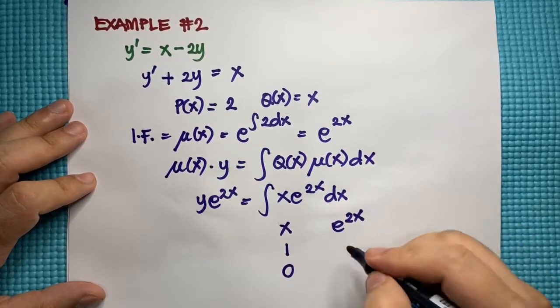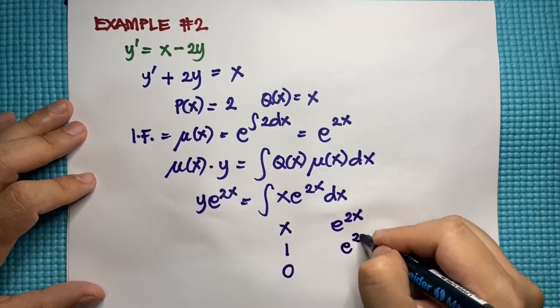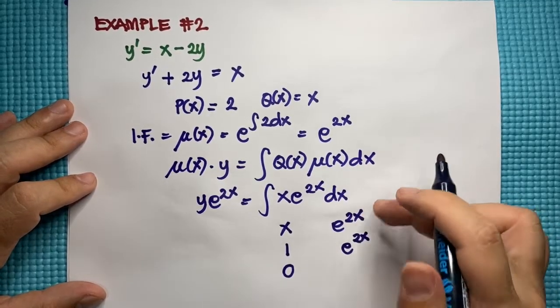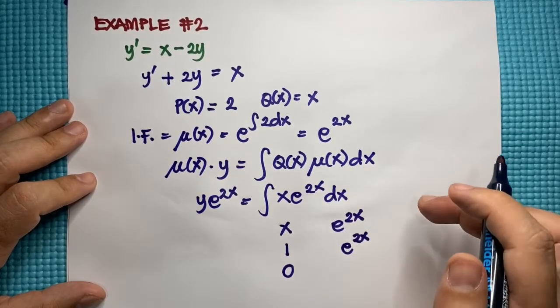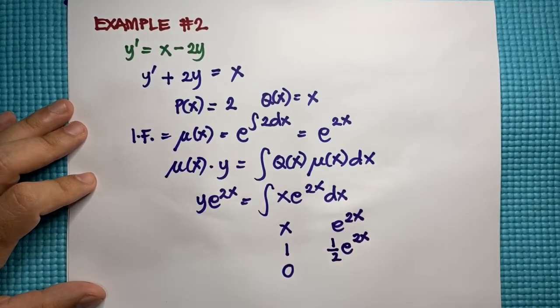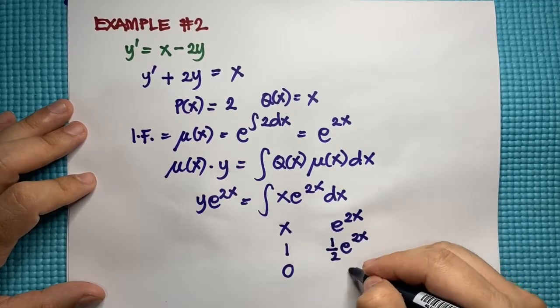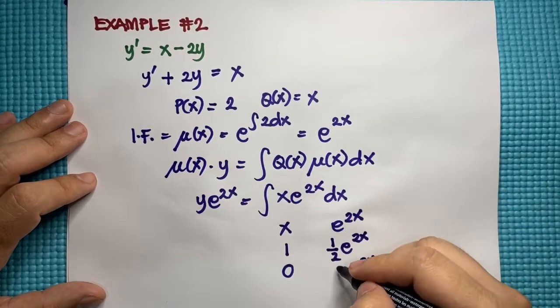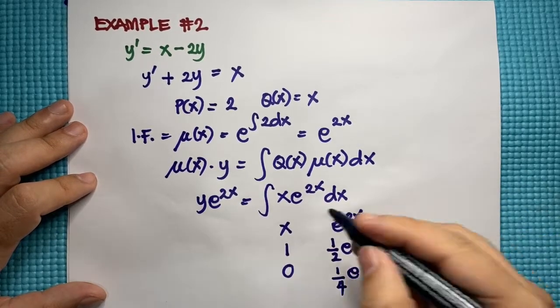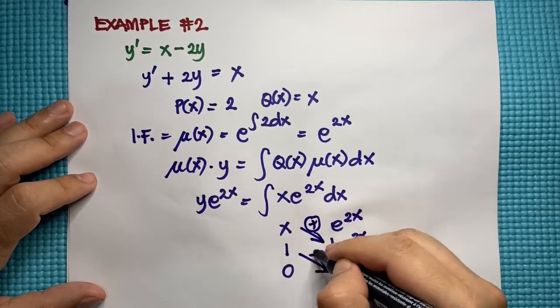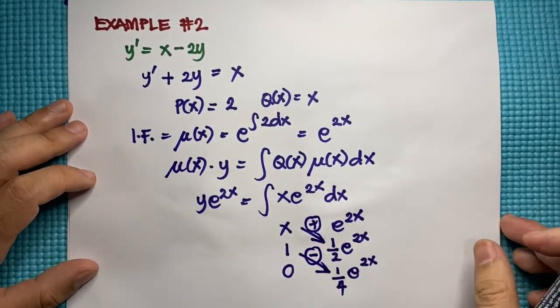The integral of e raised to 2x is e raised to 2x, but our u here is 2x and our du is 2dx, so our neutralizing factor would be 1/2. Similarly, for the next e raised to 2x, another neutralizing factor of 1/2 times a half gives us a 1/4. So this would be positive, and the other one will be negative.